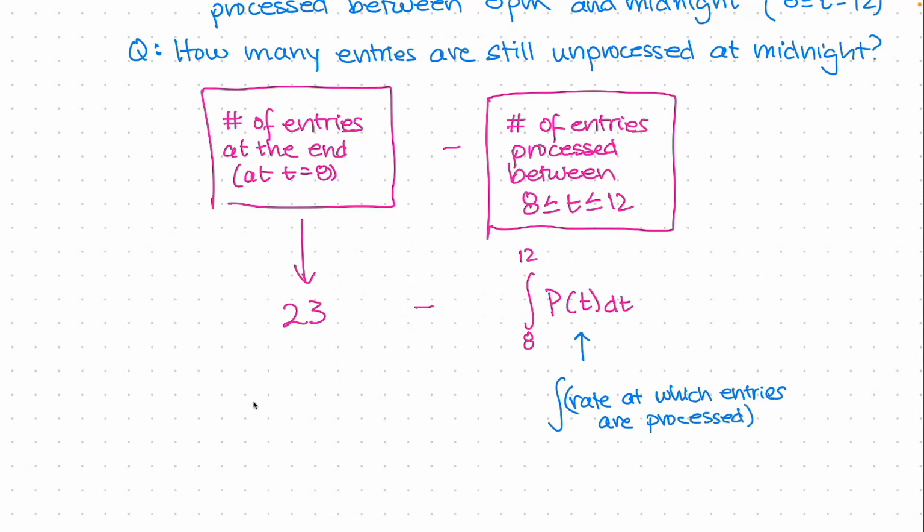This equals the total number of entries. So this represents the number of entries. And in this case, because the limits were 8 and 12, this is the number of entries processed between 8 and 12.